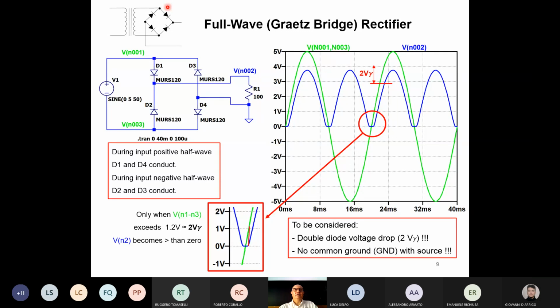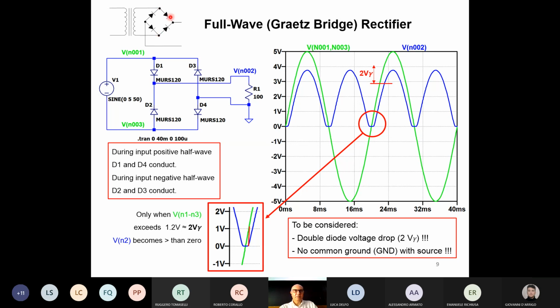If you don't remember how to place the diodes, you can remember that if this wire represents the positive output, it will hold the cathode of both diodes, which are connected to the two ends of the secondary winding. The other wire will give you the negative voltage and is connected to the two anodes of these two diodes, which are connected to the two terminals of the windings.